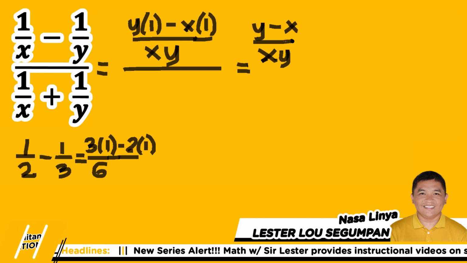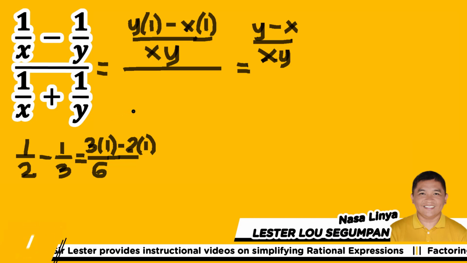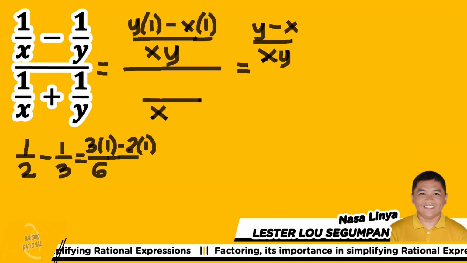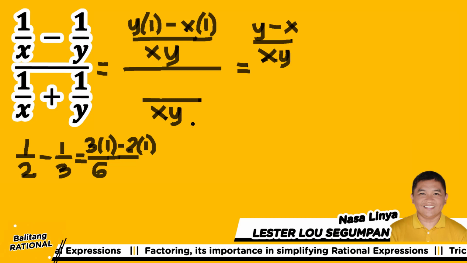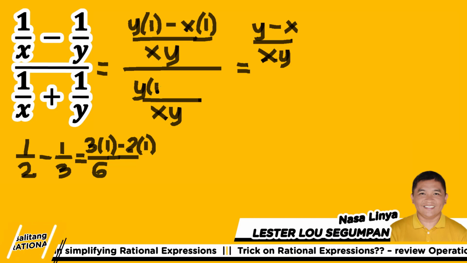Now, let's proceed to the denominator po. Yung ating mga denominator ng ating rational expressions sa ating denominator contains x and y. So, we are still going to have the LCD of xy. And let's do the same thing. xy divided by x is y. That should be the multiplier of your 1.